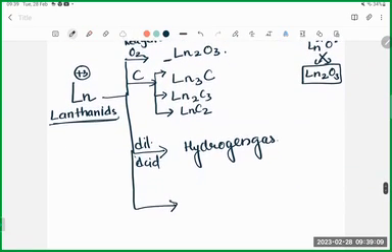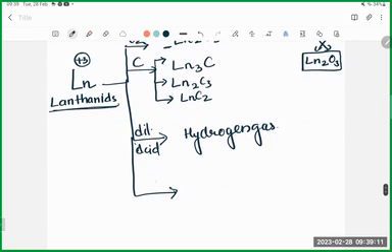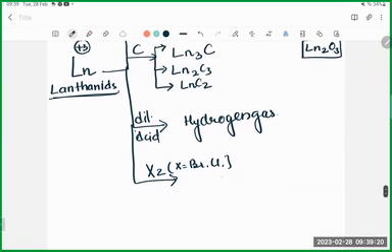And now what happens when it is treated with the halide? Halide means X is equal to Br, Cl. So what does it form? LnX3 as the product. Okay. This is the product produced over here.